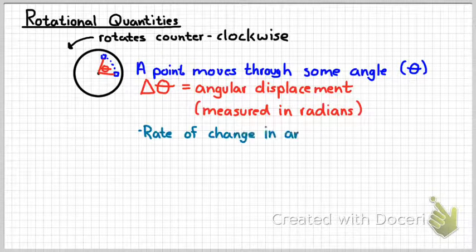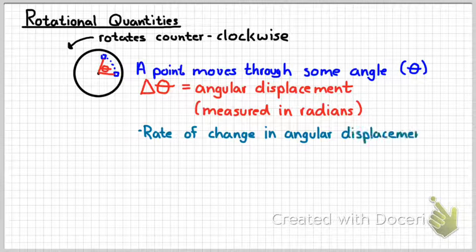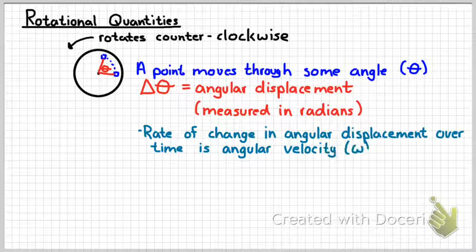The rate of change in the angle, or the angular displacement, over time is referred to as the angular velocity. We give that the Greek letter omega, a lowercase omega. Angular velocity is similar to velocity. Here we would measure this in radians per second.